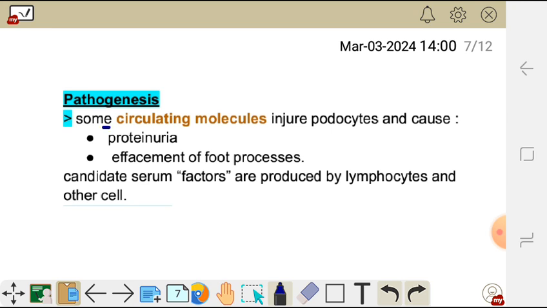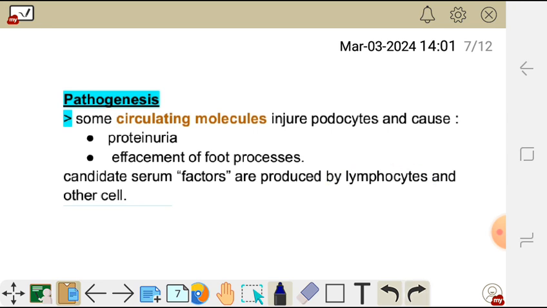Firstly, we have circulating molecules such as cytokines and other chemicals produced by T cells and lymphocytes. Okay, we also have candidate serum factors which are produced by the lymphocytes and other cells, but here the pathogenesis is not known. But what is known is that there are some molecules which are produced by T cells, and also we have these candidate serum factors which are produced by the lymphocytes.